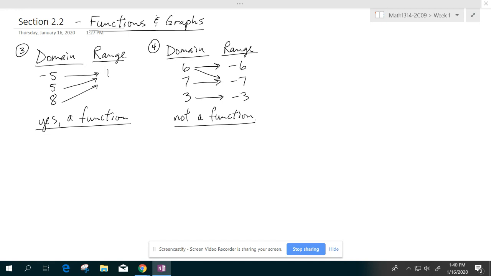If you're only seeing the one person and you don't have relations with anybody outside of that relationship, that's a monogamous relationship, okay? So the X's have to be monogamous. Notice the Y's don't. Did y'all see back over here that this one Y was with three different X's? So the Y's can play the field, okay? But the X's have to be monogamous for it to be a function.